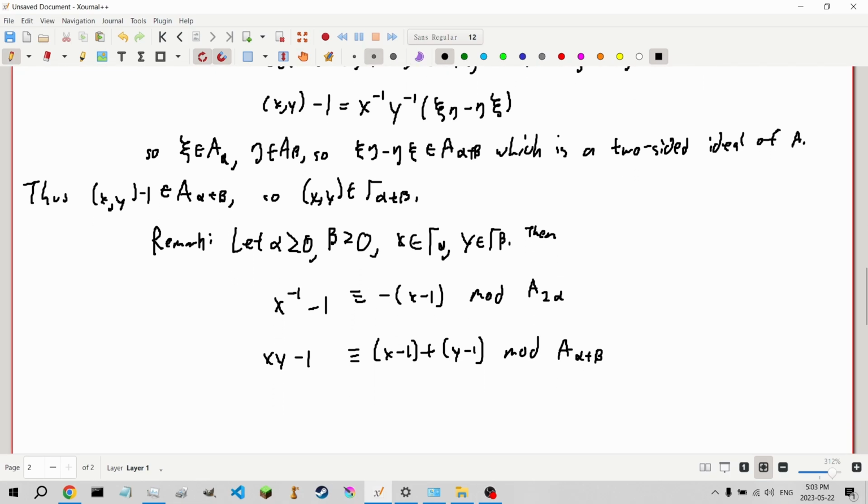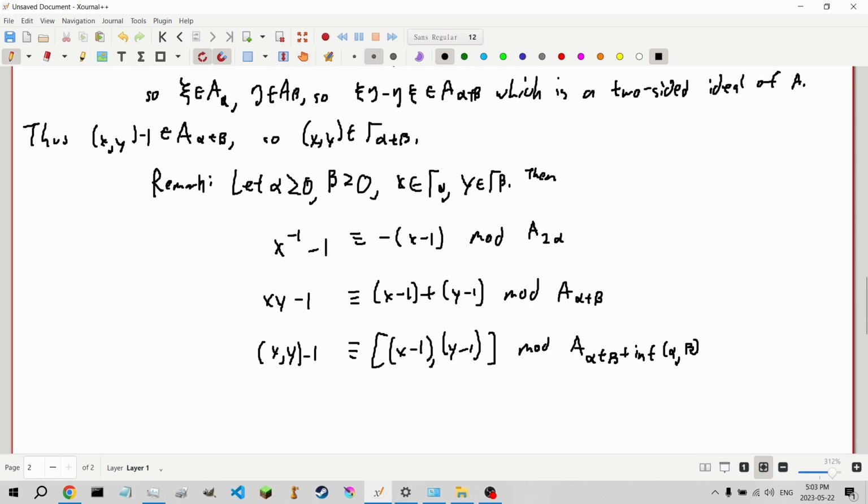And then the commutator of x and y minus 1 is congruent to the Lie bracket of x minus 1 and y minus 1 mod A alpha plus beta plus the infimum of alpha and beta. We've already seen the first two. Let's look at the third one.